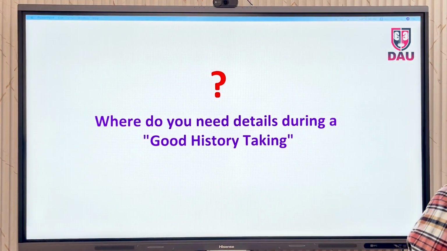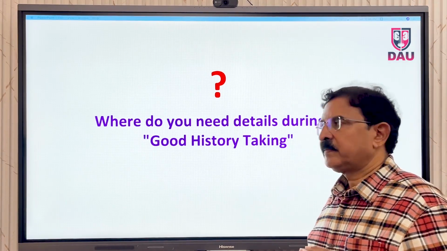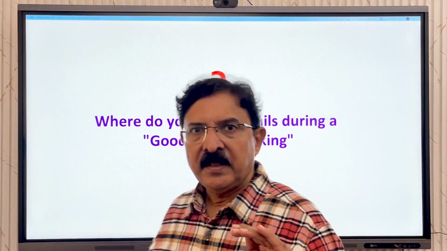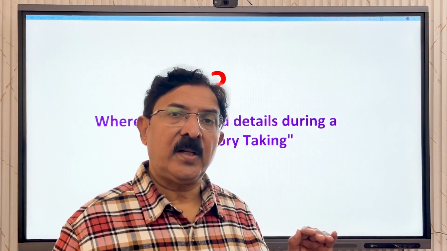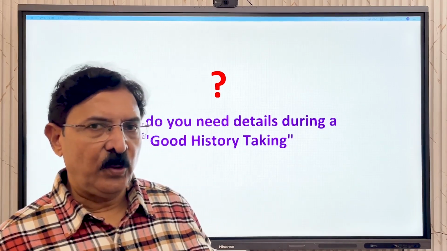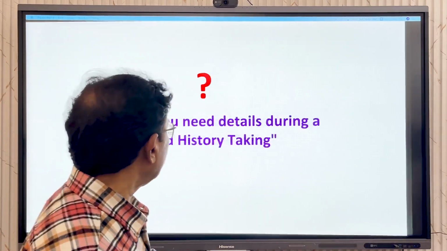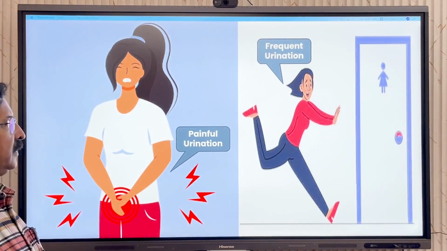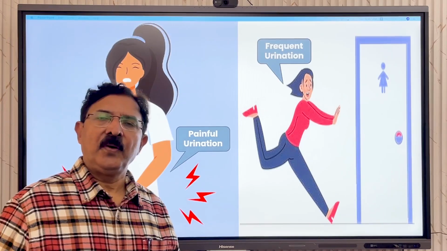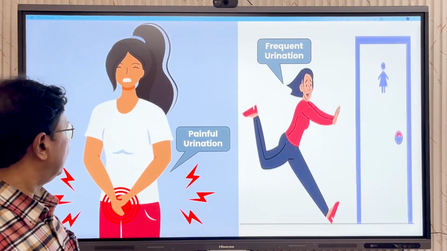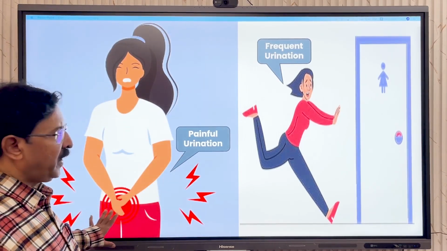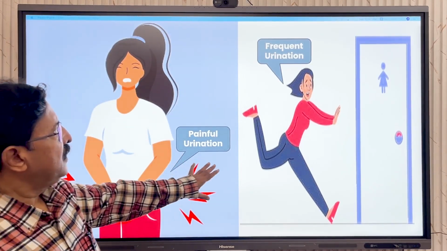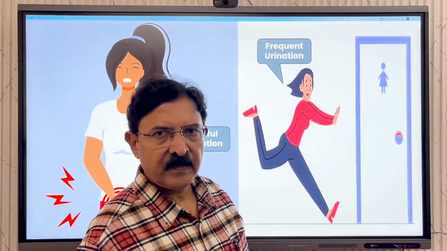So when you are taking a history of the patient, what are those areas which you should not try to skip and jump across? There are two lead symptoms of lower urinary tract infection. One is painful urination and second is frequent urination.